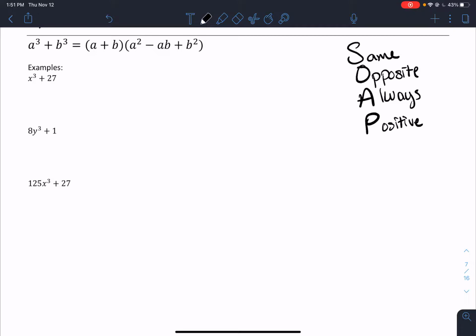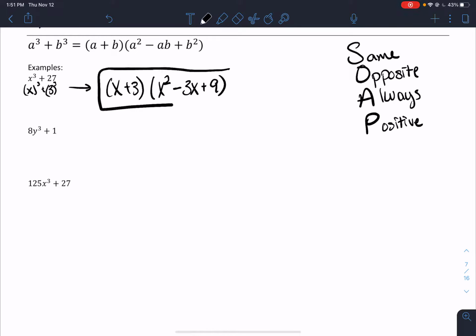So if I have x cubed plus 27, that would be x cubed plus 3 cubed. Well, that would mean that I have x plus 3, same sign, times x squared, opposite sign, minus 3x, ab, plus 9, always positive.